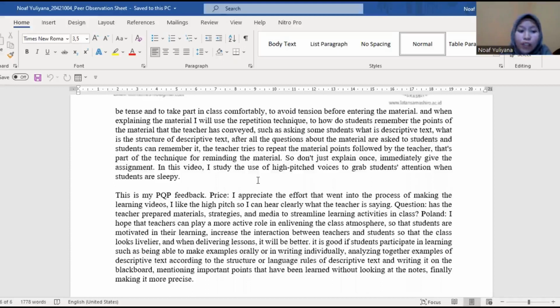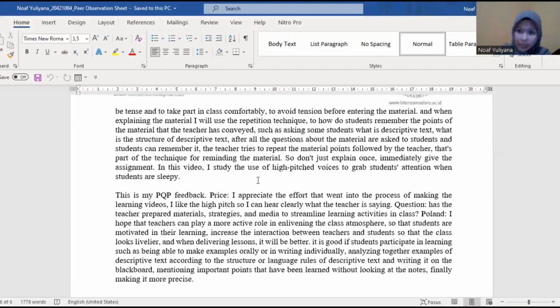And the last is polish. I hope the teacher can play a more active role in enlivening the class atmosphere so the students are motivated in their learning. Increase the interaction between teacher and students so that the class looks livelier.